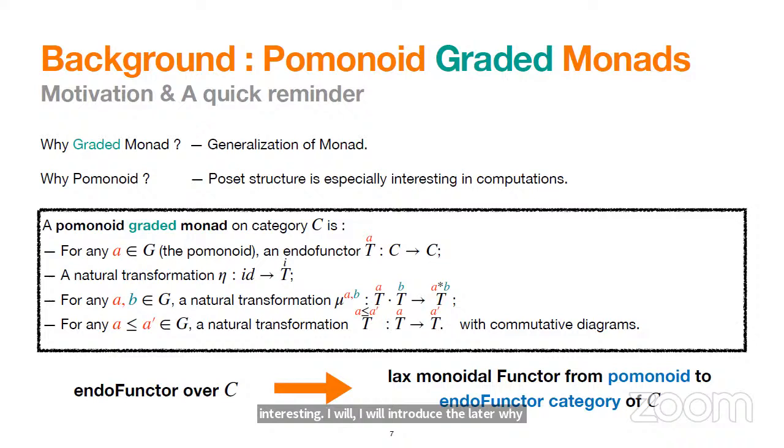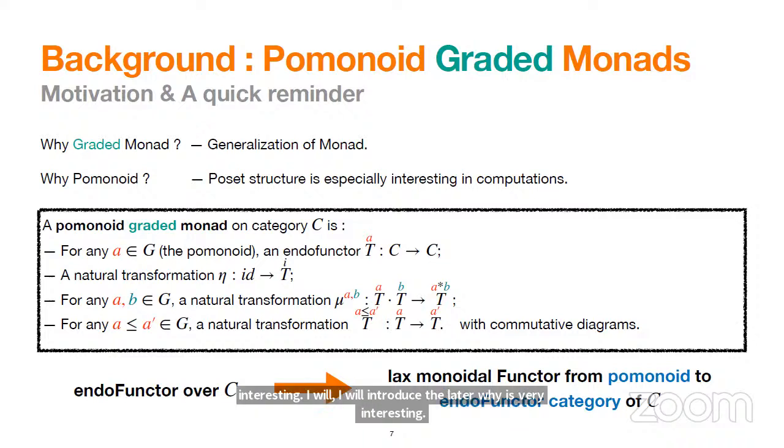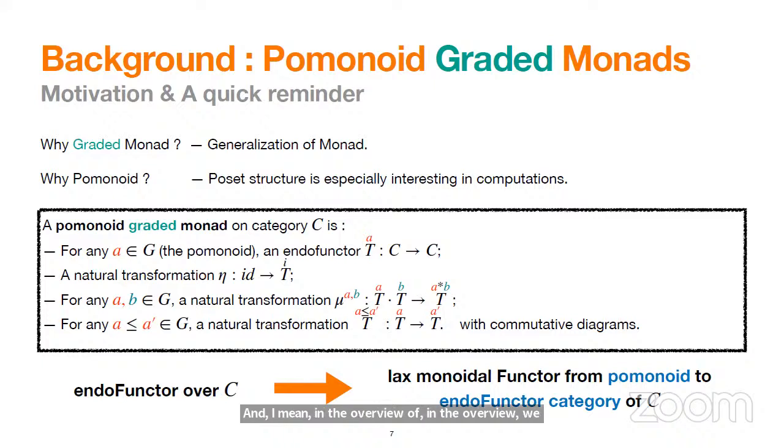And in the overview, we go from a monad, which is an endofunctor over the category C, to a lax monoidal functor from the pomonoid, which is the gradation, to the endofunctor category of C. So from this point of view, it's not the same structure anymore.